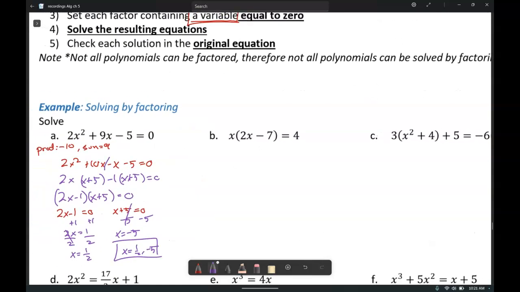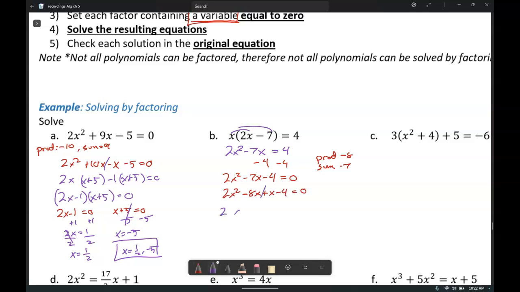We're not in standard form, so we need to get it in standard form. First thing we'll do is the distributive property. Let's clear out any parentheses. And then we'll subtract the 4 to give us standard form, set equal to 0. We'll go ahead and factor. We want a product of -8, sum of -7. So that's going to be -8x plus x.